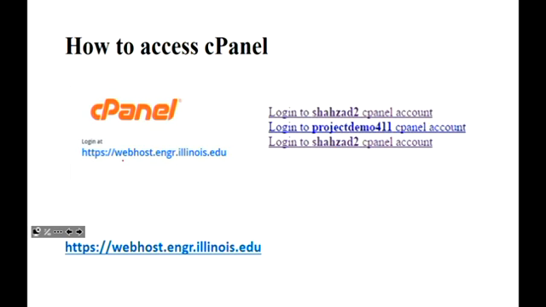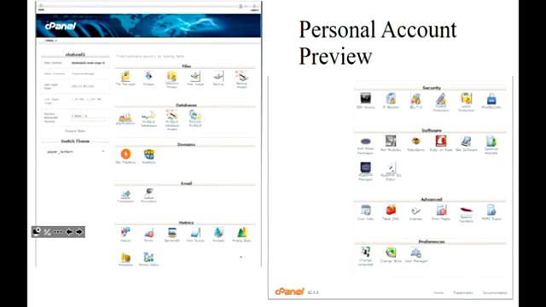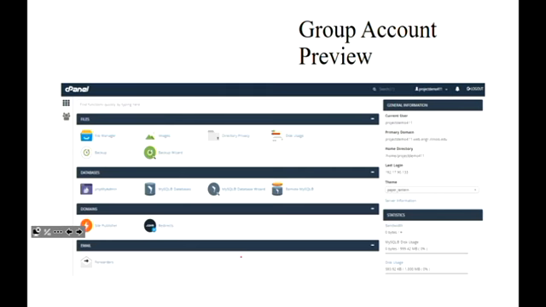So go ahead and log into webhost.engineering.illinois. Is everybody done? Okay, and then you should be able to access your personal account preview. If you have a group account, it should more likely look like this view also. One of these views you should be able to see.